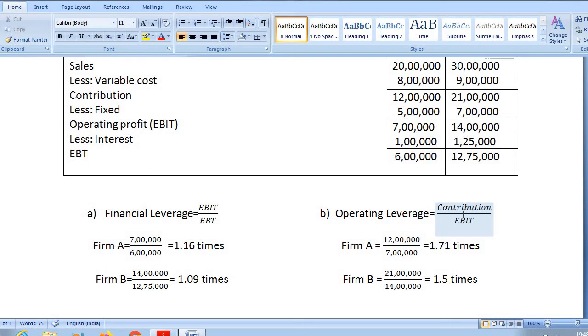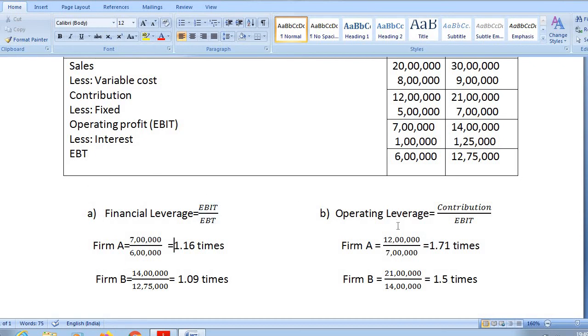Above fixed cost there is contribution, which will be the numerator, and below fixed cost is EBIT, which will be the denominator. So 7 lakhs divided by 6 lakhs, which is 1.16 times for firm A. For firm B, 14 lakhs divided by 12 lakhs 75,000, which comes to 1.09 times.